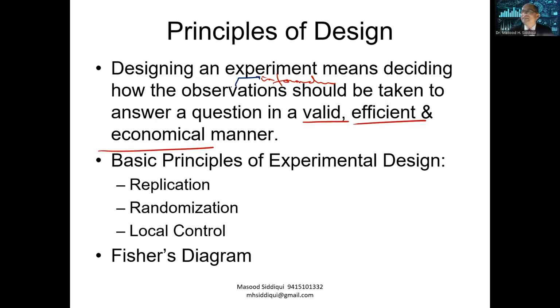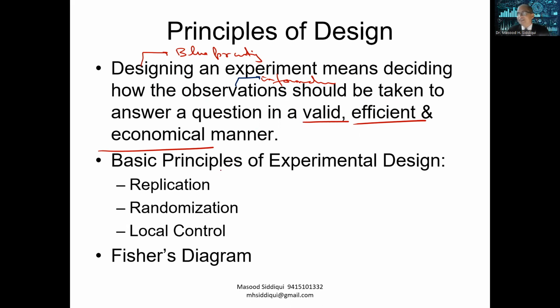Again, it is related to designing. Designing means some type of blueprinting is being attempted. And why is this being attempted? To decide how the observations should be taken to answer a question in a valid, efficient, and economical manner.